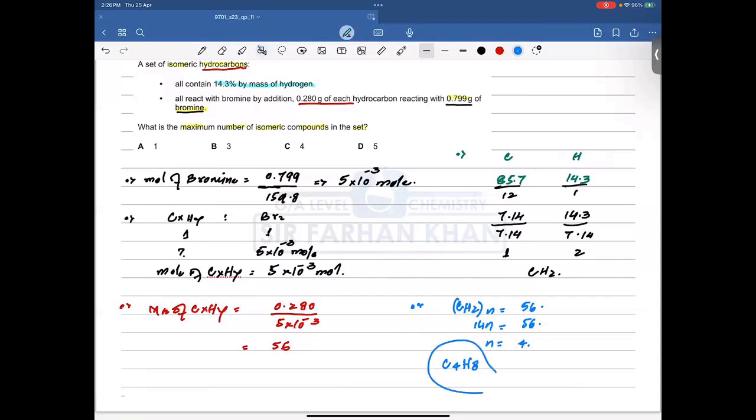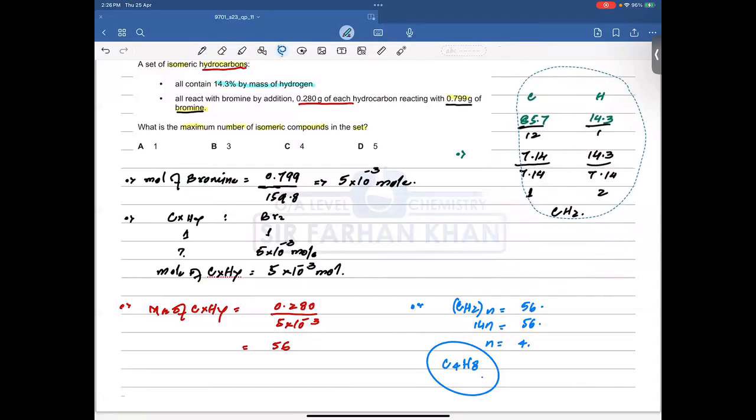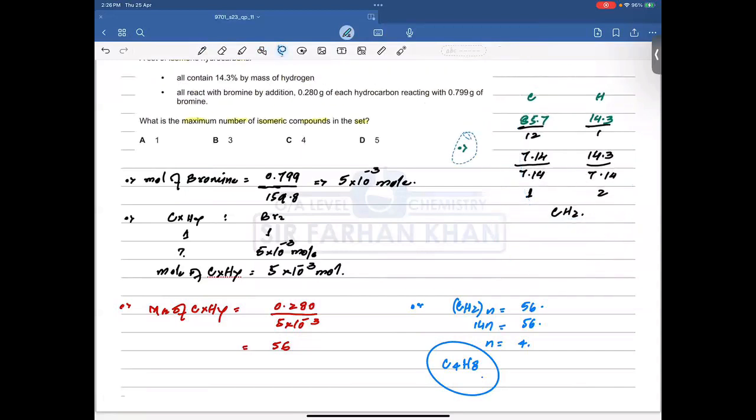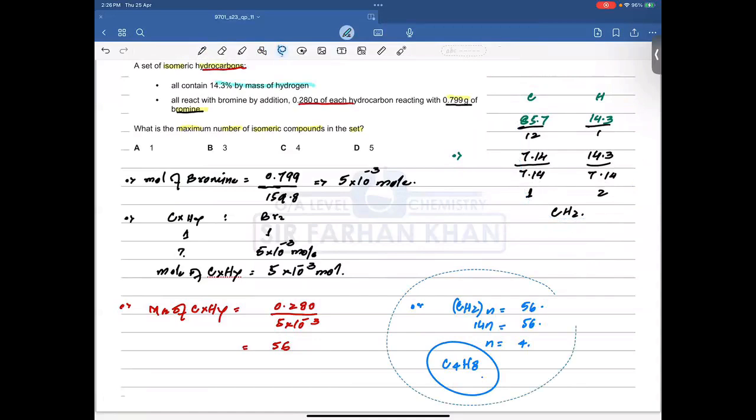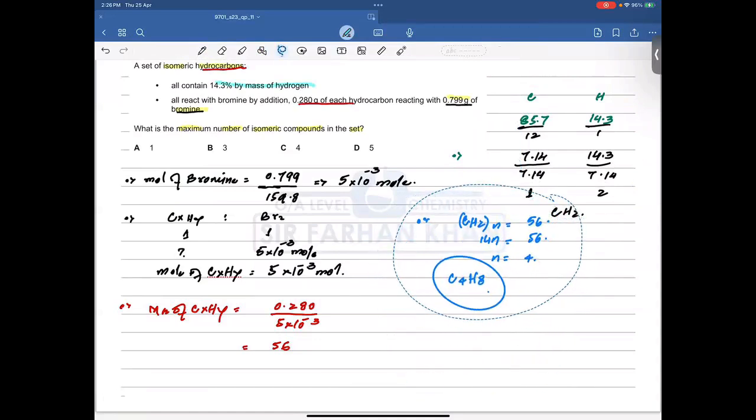By using this, I can find the isomeric hydrocarbons. Now, how many isomeric hydrocarbons? Since it is butene, the first structure has to be like this. First isomer, I mean but-1-ene.